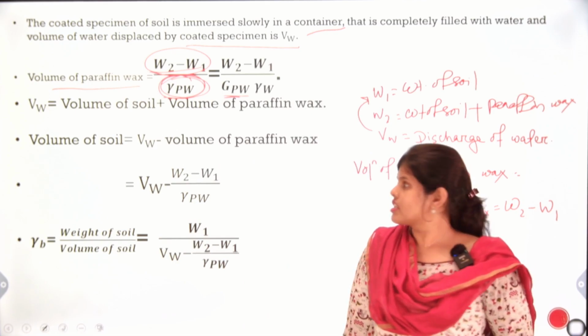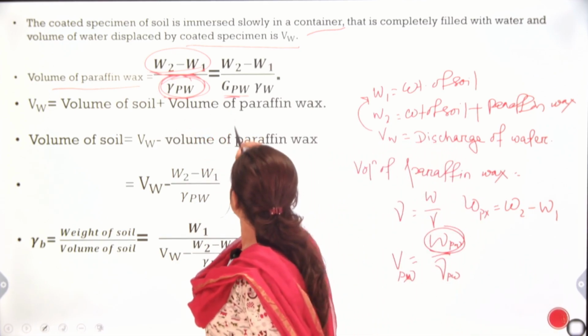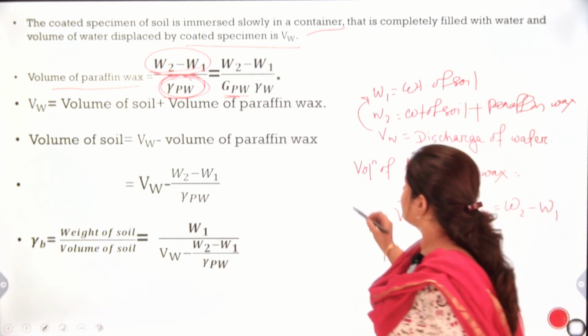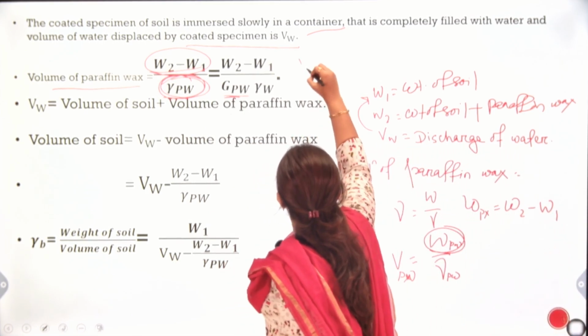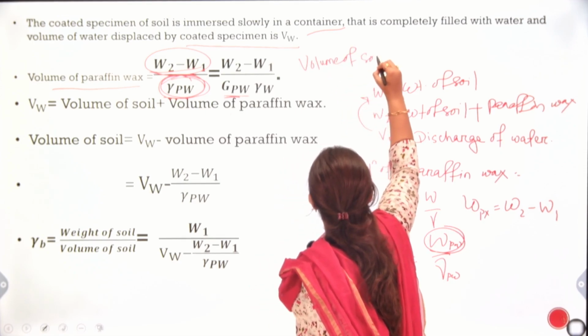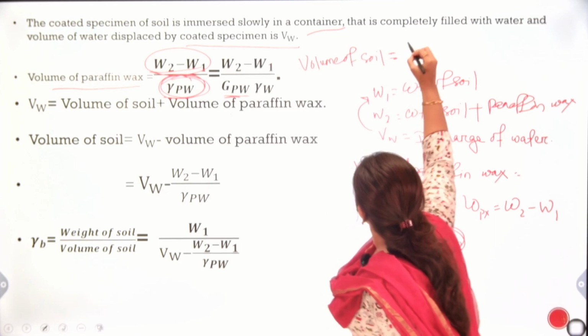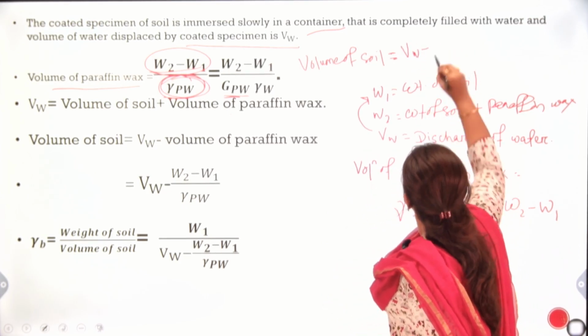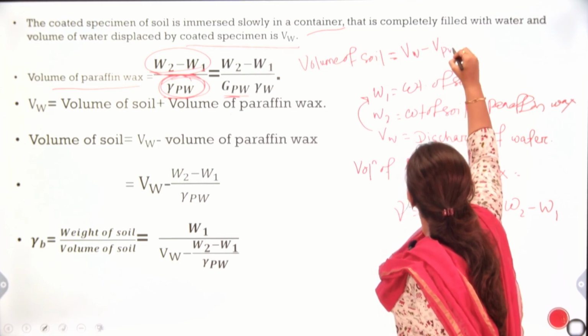So VW is our volume of soil plus volume of paraffin wax. We know that. So the volume of soil will be the volume of water displaced minus the volume of paraffin wax.